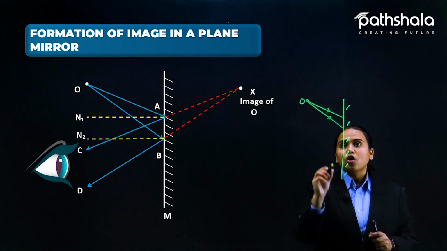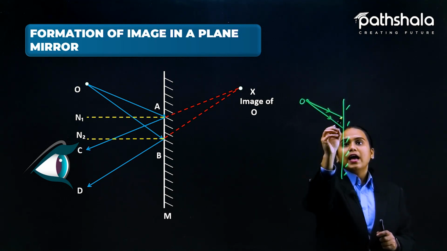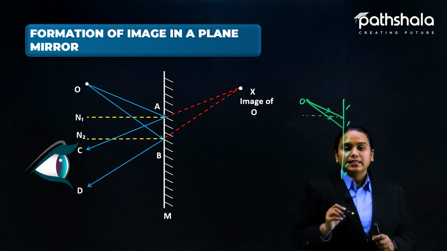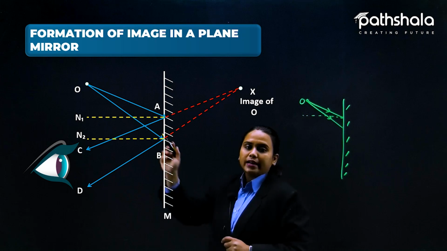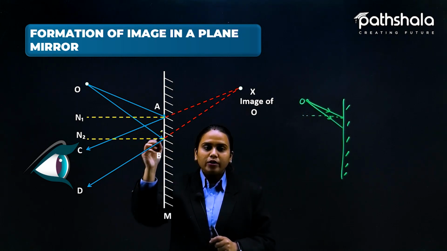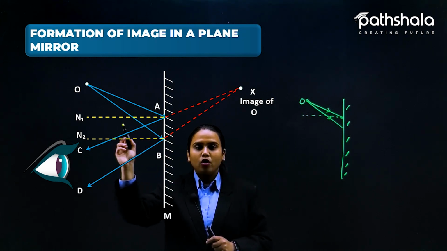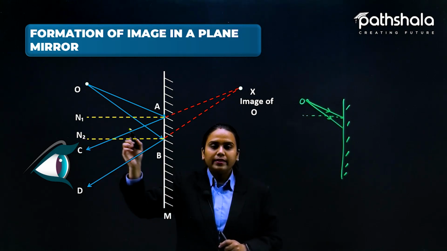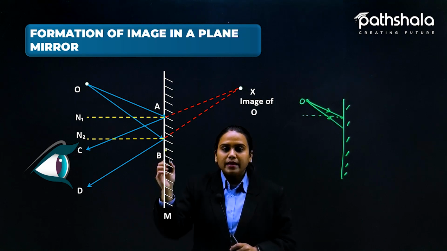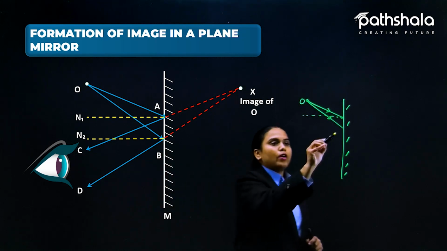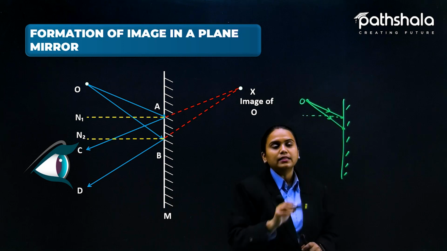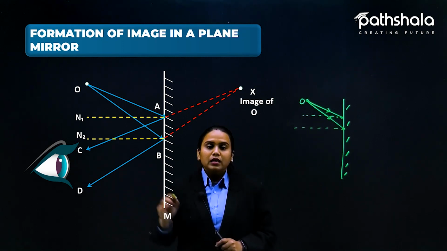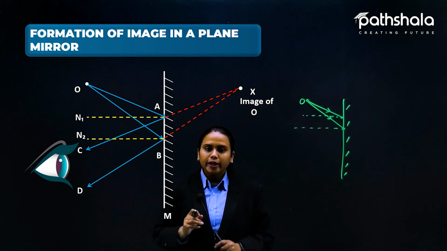According to the law of reflection, at this point A we have the point of incidence, so we make a normal out of it, that is N1. The second ray makes the point of incidence at B, and from here also we draw another normal, N2.